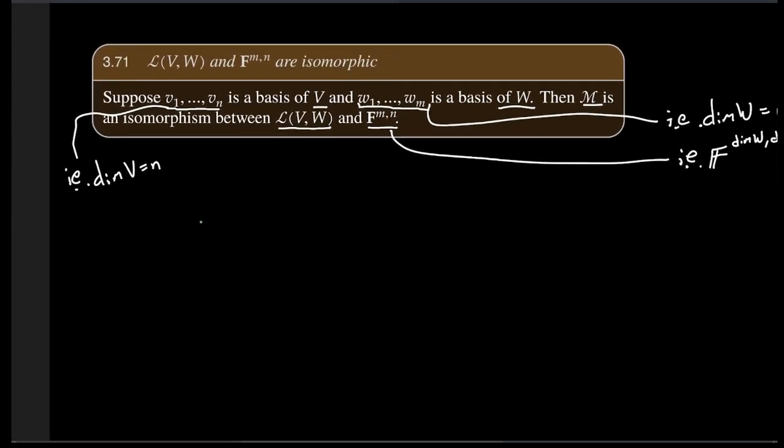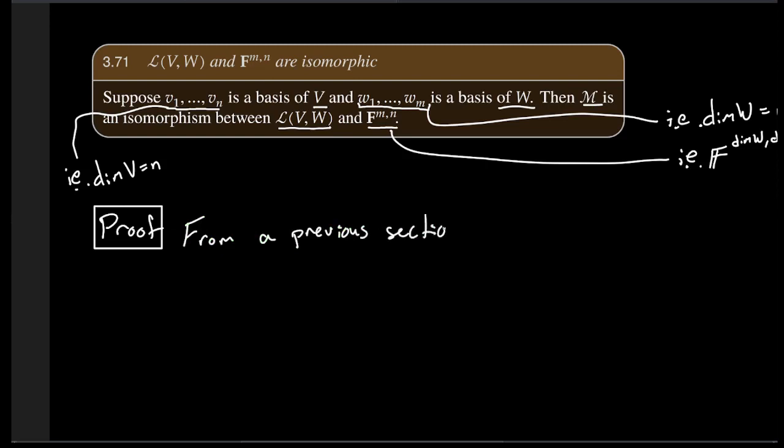Okay, let's prove it. If you'll recall, we have previously shown that this map M is linear. From a previous section, when we introduced this map M, we know that M is linear.